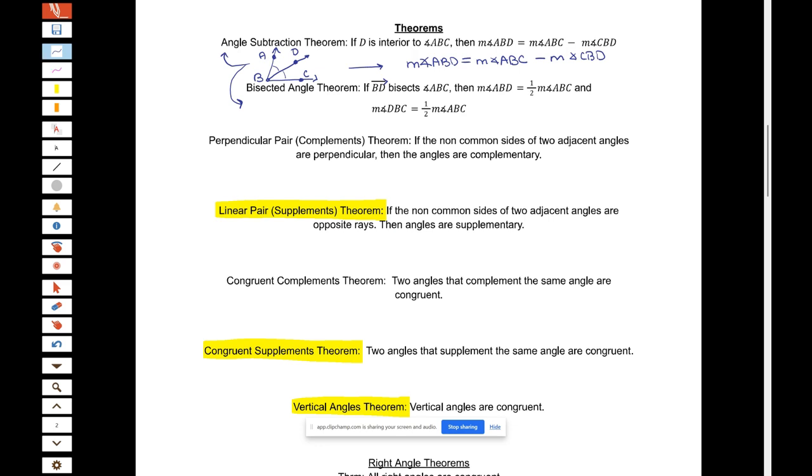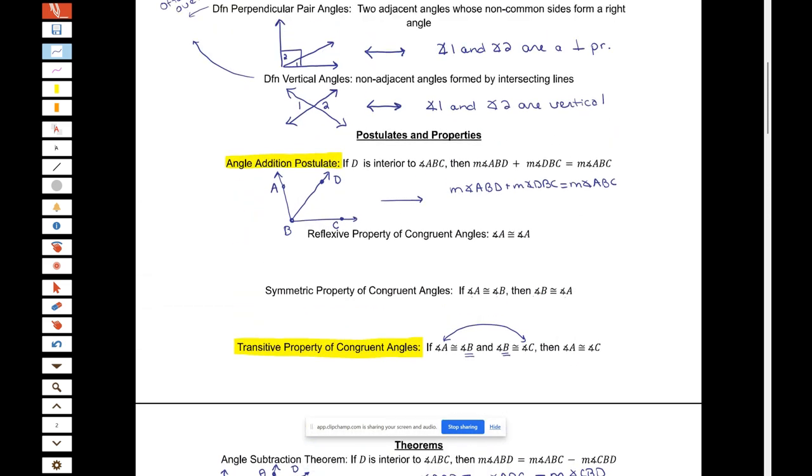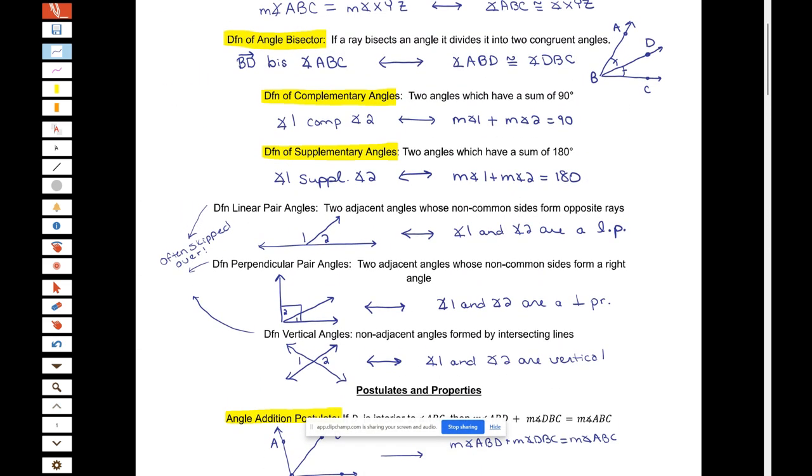All right, perpendicular pair theorem. If the non-common sides of two adjacent angles are perpendicular, then the angles are complementary. So this implies angle 1 complements angle 2. That really smacks of being similar to the complementary angles definition.